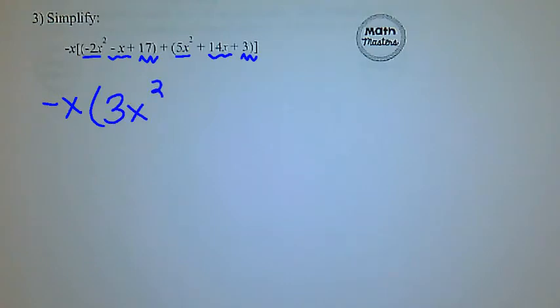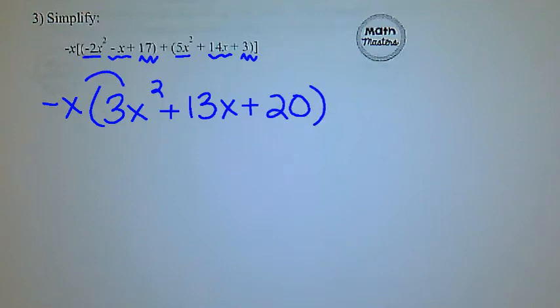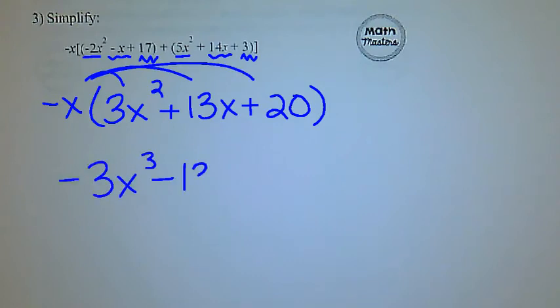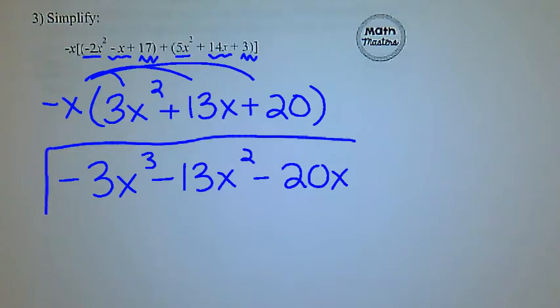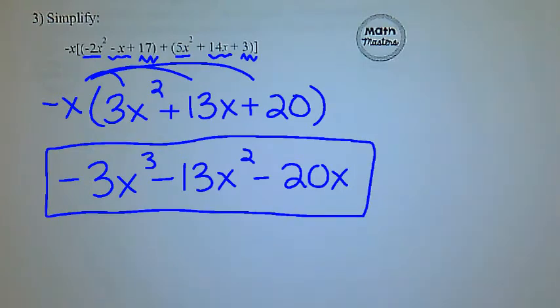I have a negative x and a positive 14, so that would get me a positive 13x. And then 17 and 3 is just 20. Now go ahead and distribute, and you get negative 3x cubed minus 13x squared minus 20x. Really simple.